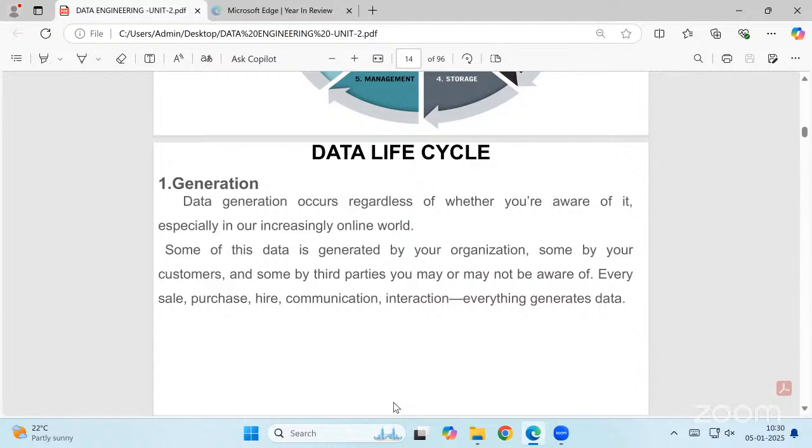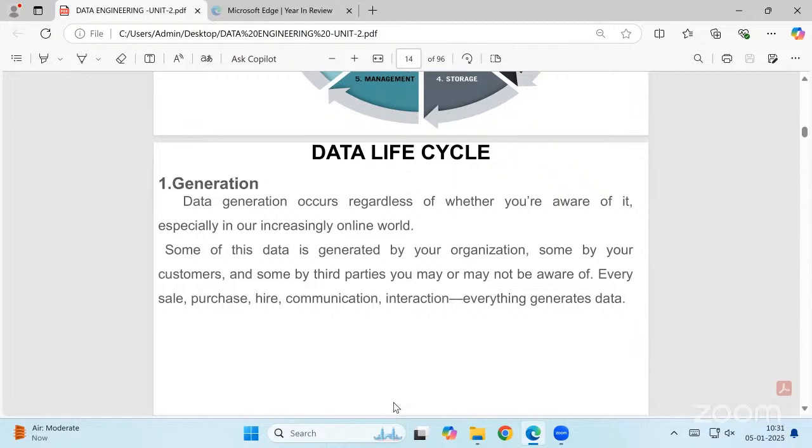Some of the data-generating organizations are central government, state government, or other government organizations, or individuals. We generate data in daily lives, through third parties you may or may not be aware of. Every sale, purchase, hire, communication, interaction generates data.